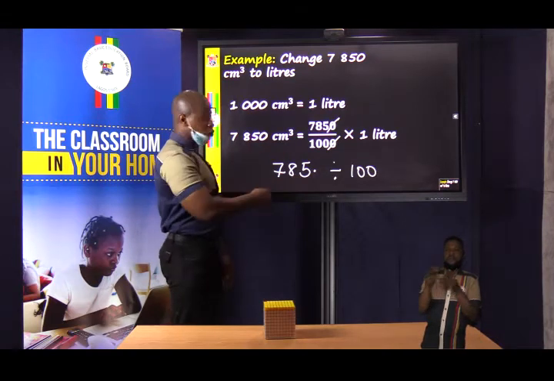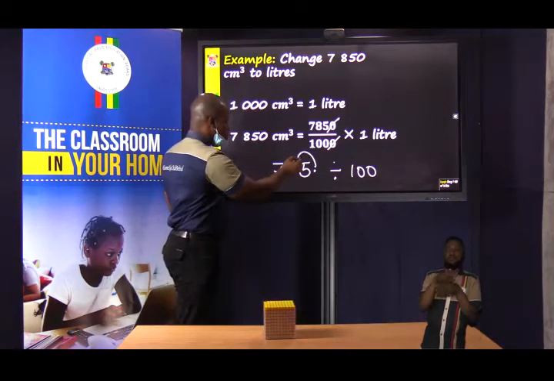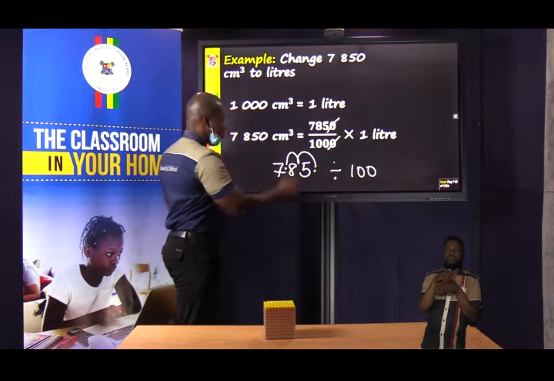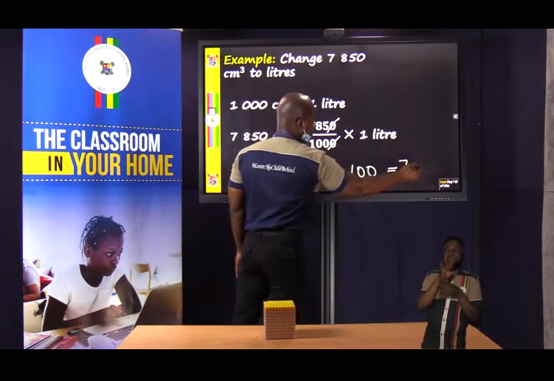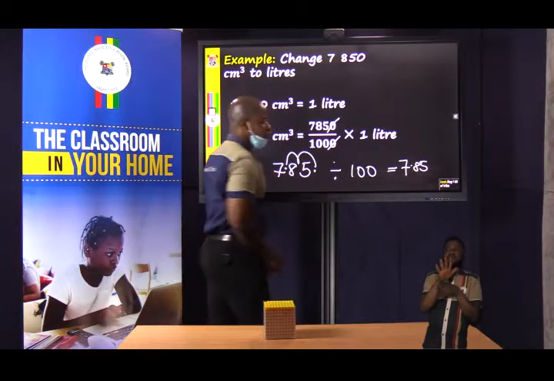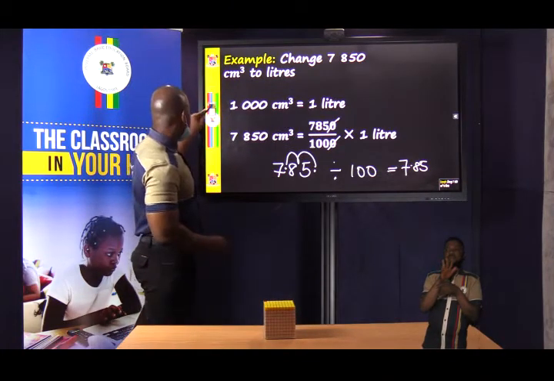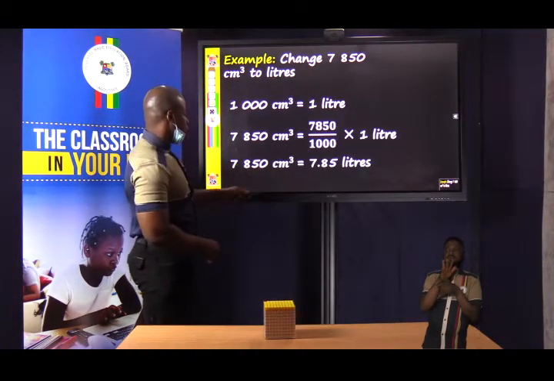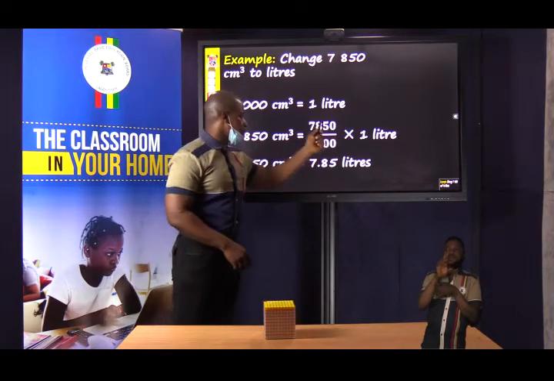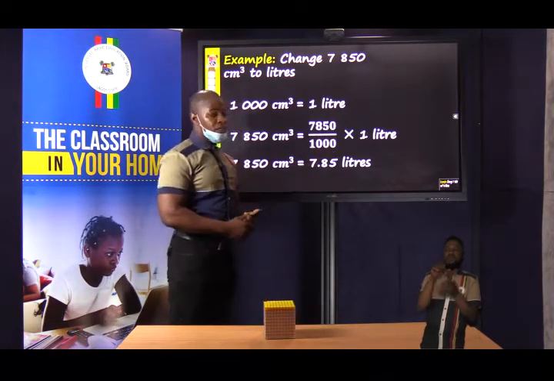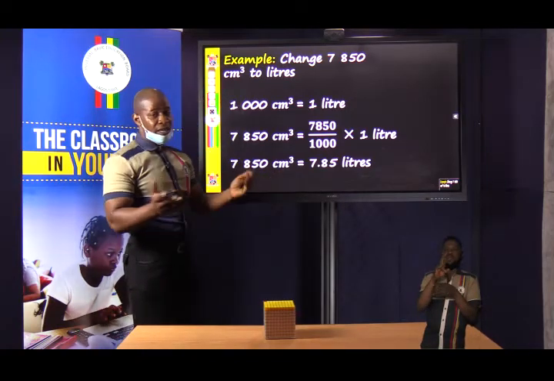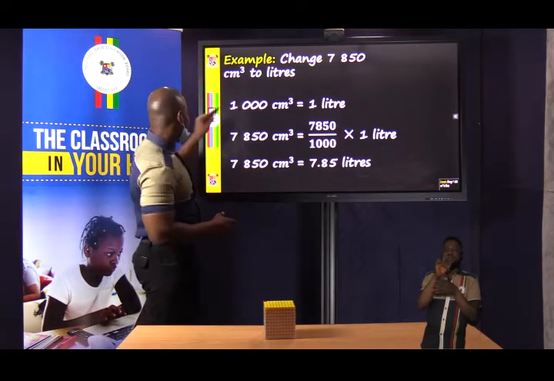Then we'll move it back 2 times. So we'll go 1, 2, and the decimal point is down here. And that means that our final answer should be 7.85. But let's just check it out to see whether we are correct. That is 7.85 liters. So by the time we reduce it, we'll get 7.85 times 1 liter. That is 7.85 liters. It's as simple as that.